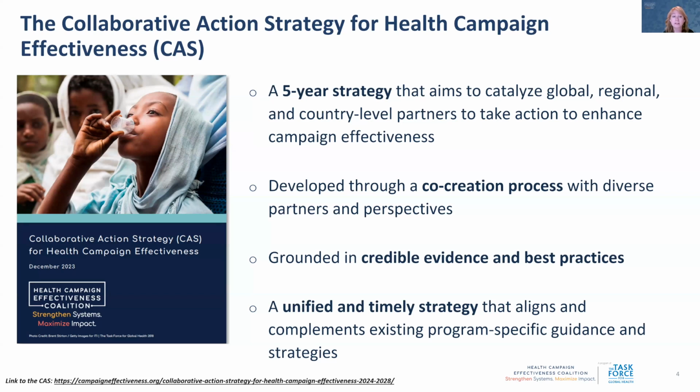The recommendations in the CAS are grounded in credible evidence and best practices, and many of those were identified through the coalition's learning events and implementation research studies. And the CAS is meant to complement existing disease-specific strategies, such as the Immunization Agenda 2030 or the NTD Roadmap, or other strategy documents for malaria, polio, and nutrition.